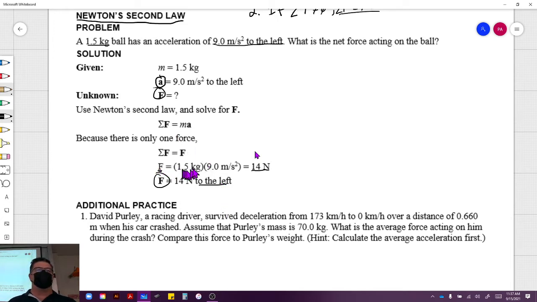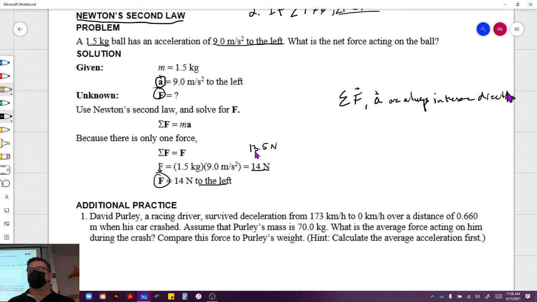So our force is going to equal our mass, which is 1.5 kilograms, times our acceleration, 9.0 meters per second squared. That really equals 13.5 newtons, but we only have two significant digits, so that's going to round to 14. So that's going to be 14 newtons, and then we add the to the left in there because that's the same direction as the acceleration. Net force and acceleration are always in the same direction.